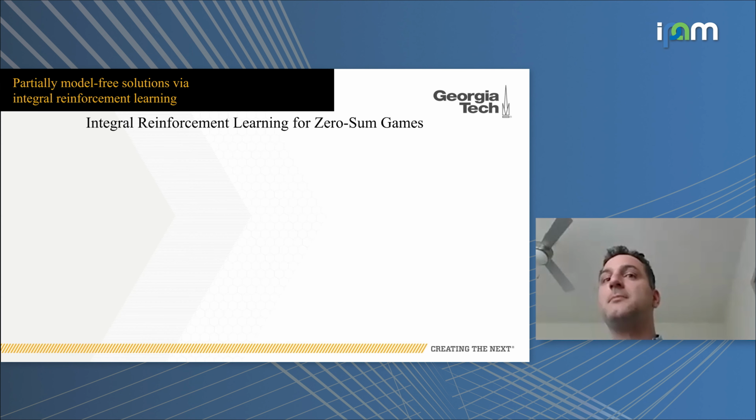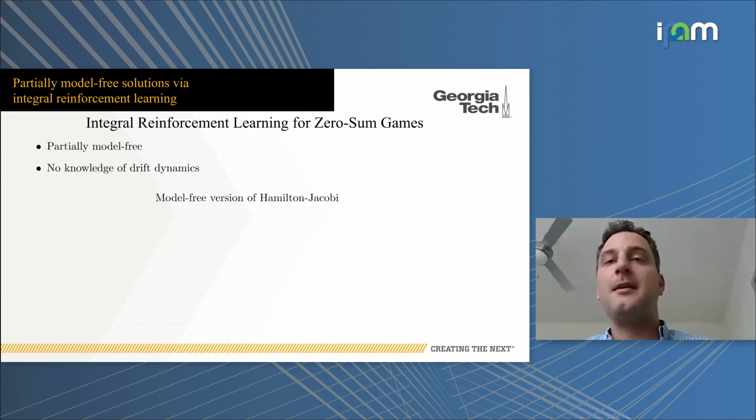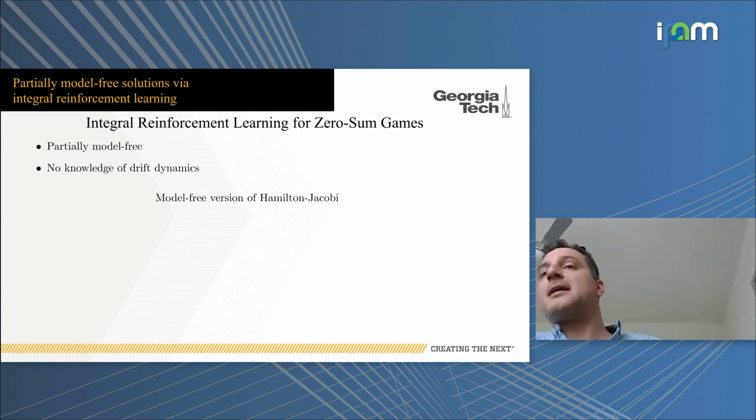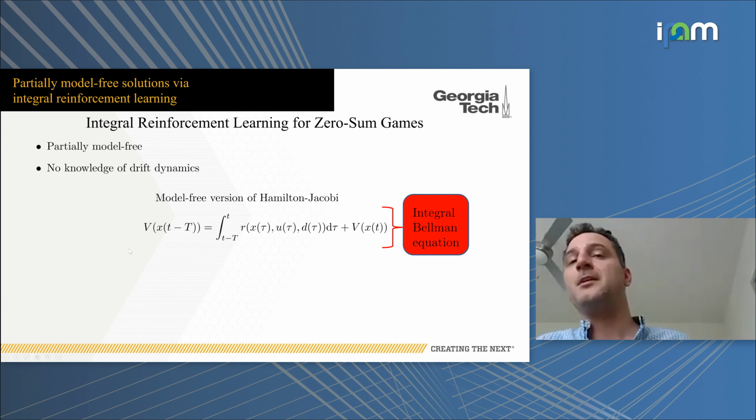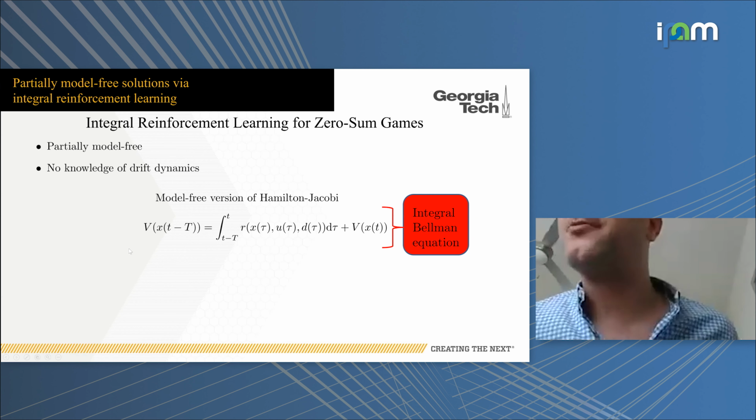Instead of defining the Hamiltonian and then finding the stationarity condition based on it, we use an integral form of the Hamiltonian. This makes us model free with respect to the drift dynamics. You can also prove that this integral Bellman equation that you see over here is actually the Hamiltonian that you saw before.